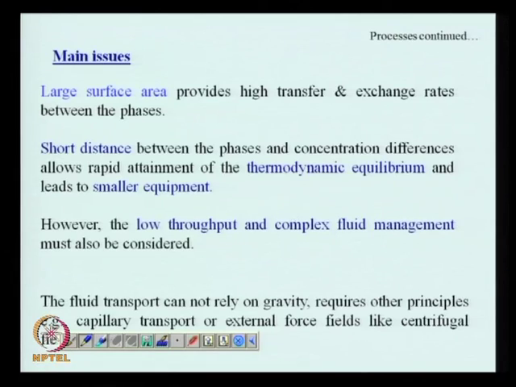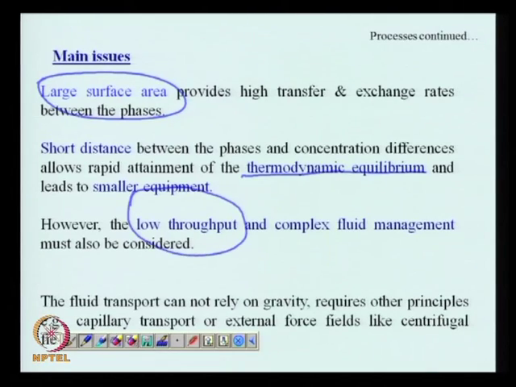As I mentioned, the large surface area is providing high values of transfer, and the exchange rates are also quite fast. The short distances ensure that thermodynamic equilibrium is reached very quickly, but the main problem is the amount of liquid it can handle, which is the low throughput, and how do you manage different liquids and vapor which are flowing through a maze of such channels on a tiny device.